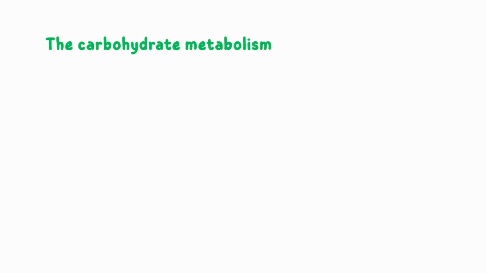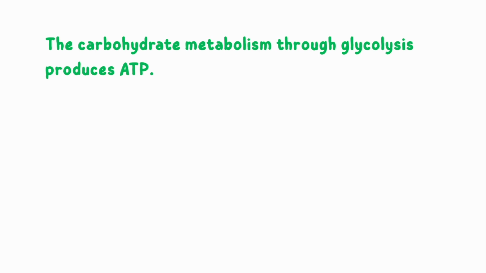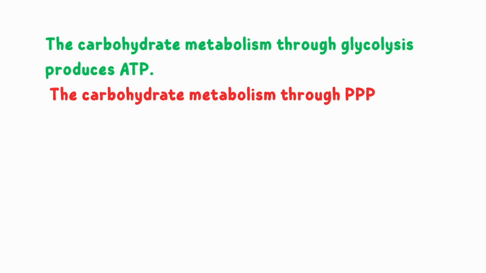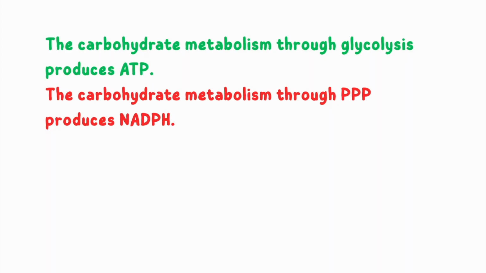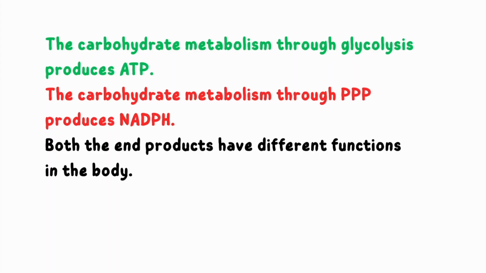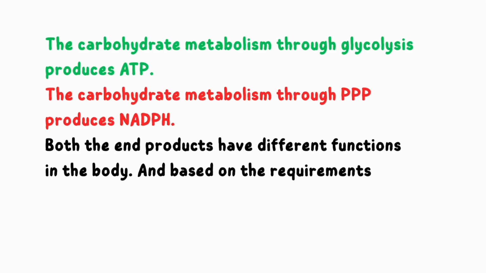Well, carbohydrate metabolism through glycolysis produces ATP and carbohydrate metabolism through pentose phosphate pathway produces NADPH. Both the end products have different functions in the body, and based on the requirement, the cell will decide which pathway to follow.